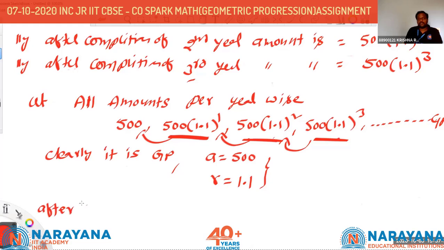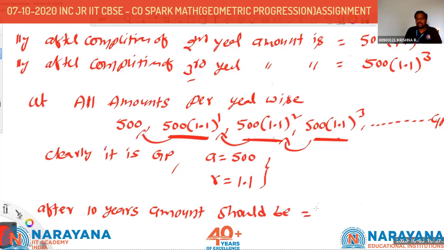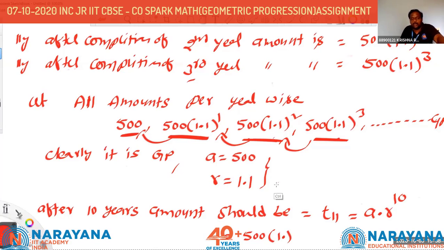Now, after 10 years, what should the amount be? It is T11, because it starts from 500 at year 0, which is T1. So T11 is A into R power 10. A value 500 into R value 1.1 whole power 10.